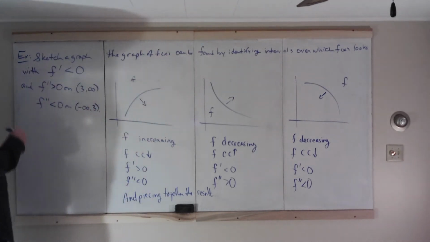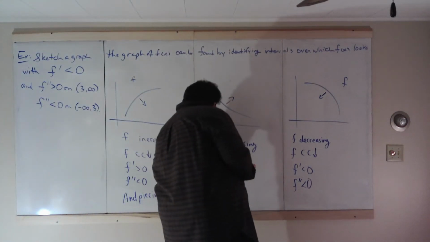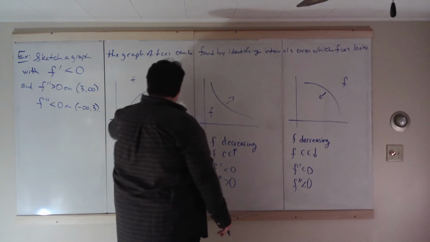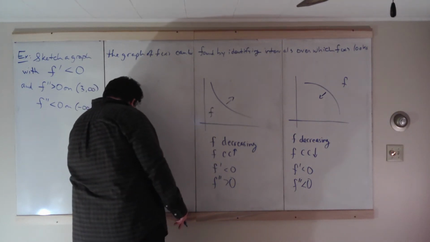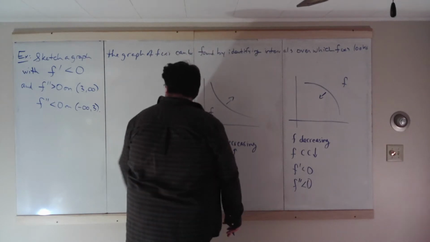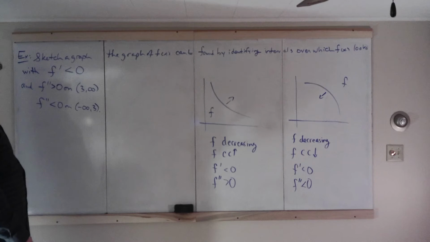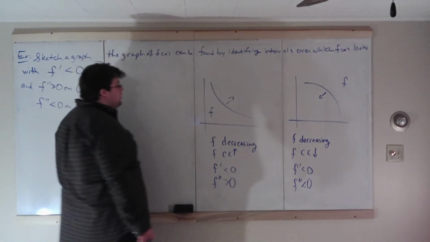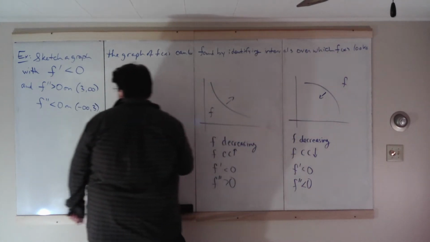So how can we do this? Well, we need f prime always negative. So that tells us immediately the function is always going to look like one of those two. But we need f prime prime positive, second derivative positive, on 3 to infinity. So we need the function to look like this on 3 to infinity, but we need it to look like this on negative infinity to 3.